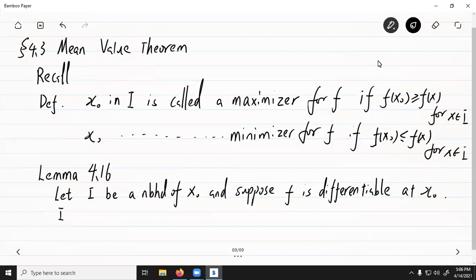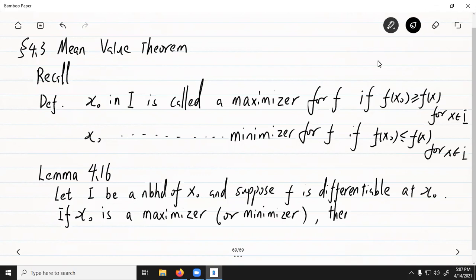If x0 is a maximizer, or minimizer, then this derivative of f at x0 must be 0.